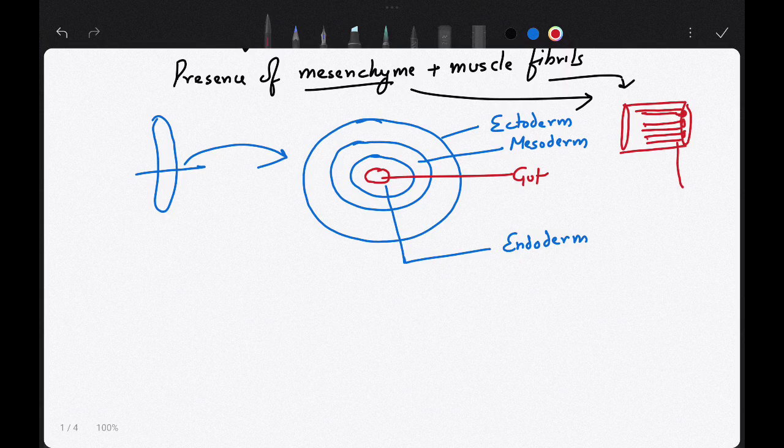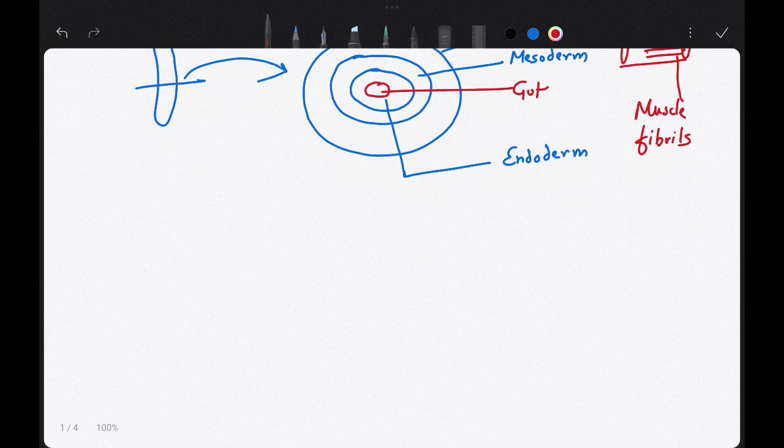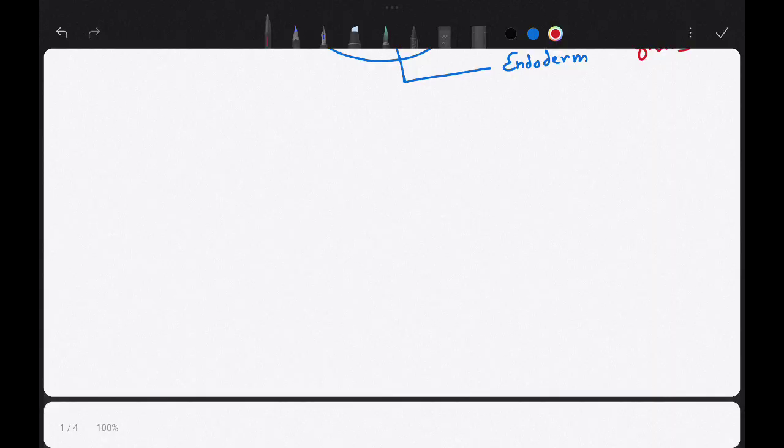These are muscle fibrils. So where are the muscle fibrils and mesenchyme present? In the region between the ectoderm and the endoderm of acoelomates. Understood?